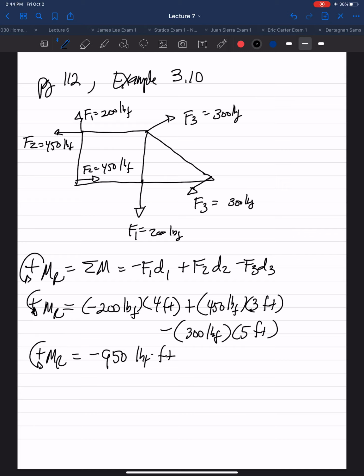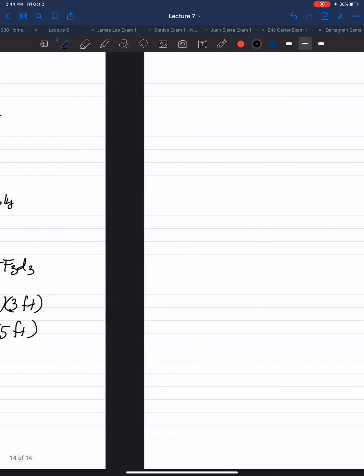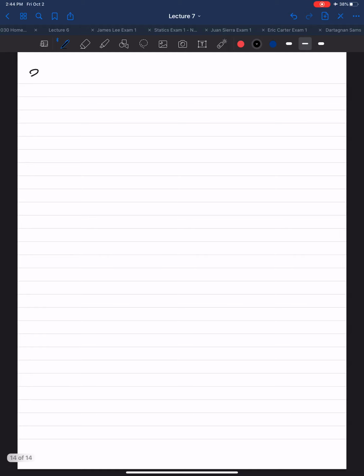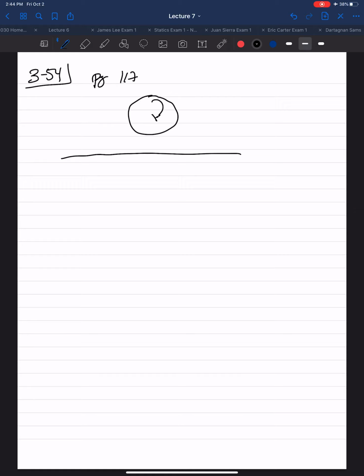Let's take a look at a problem. 3.54 on page 117. So here, we're given a clockwise couple moment, M. M is 5 Newton meters.